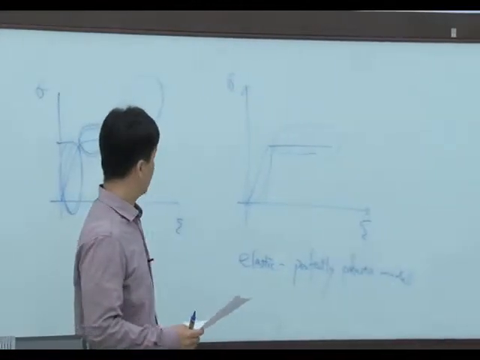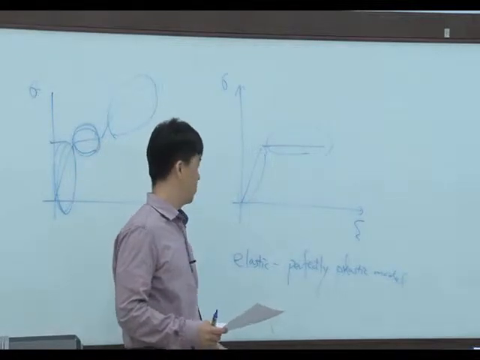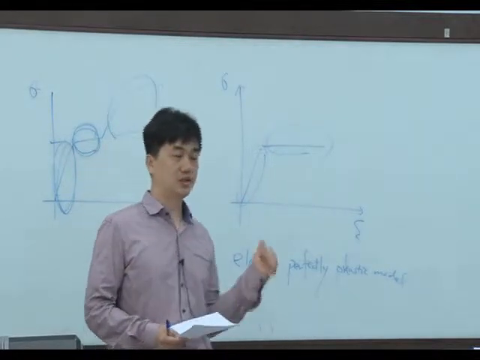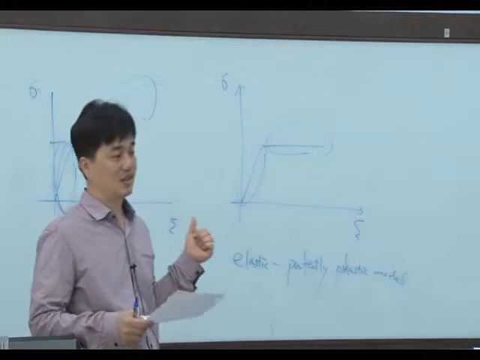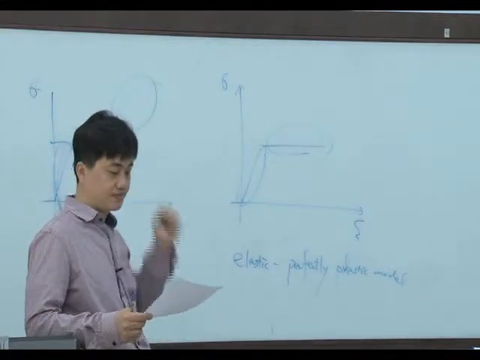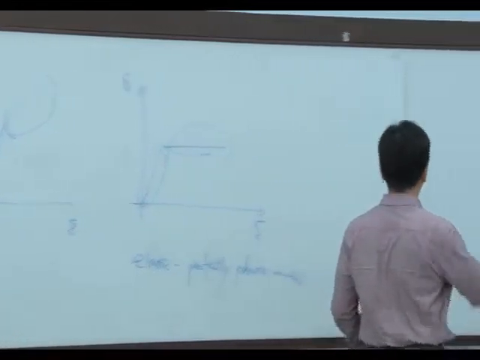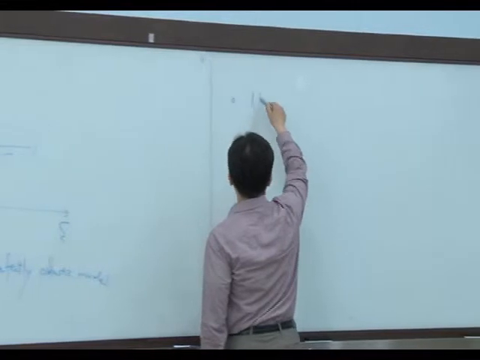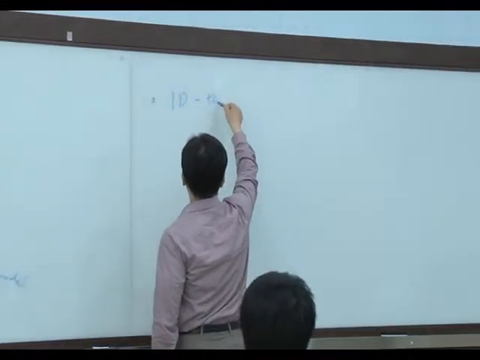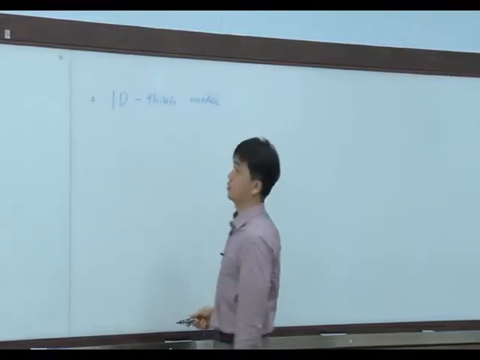Okay, so now let me continue to talk about the elastic perfectly plastic model. This is the easiest plastic model of material. Okay? So, a one-dimensional model.